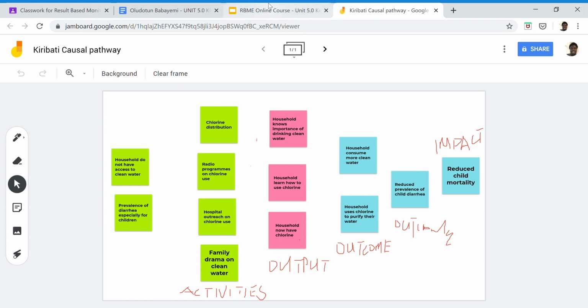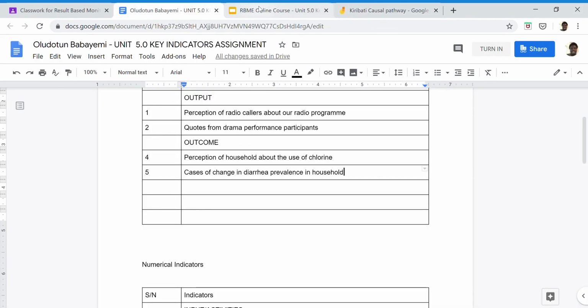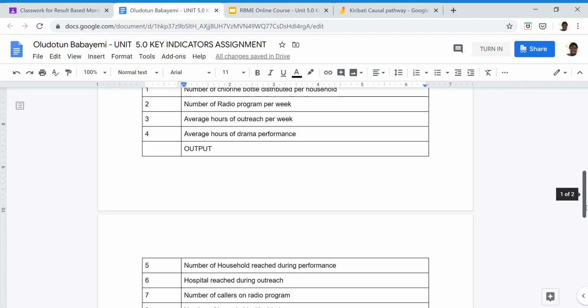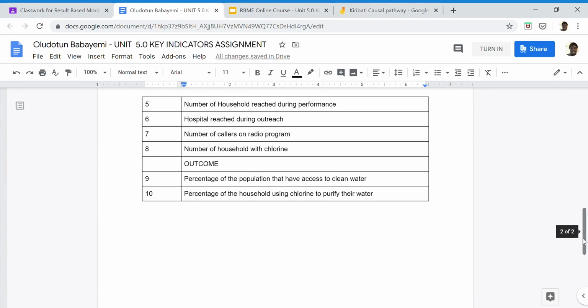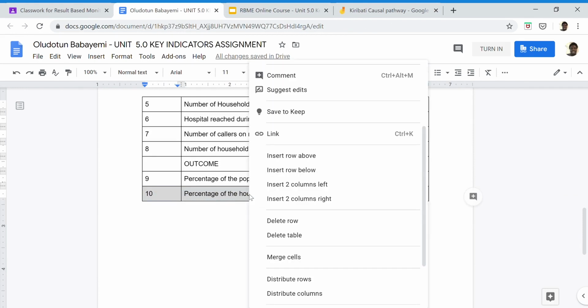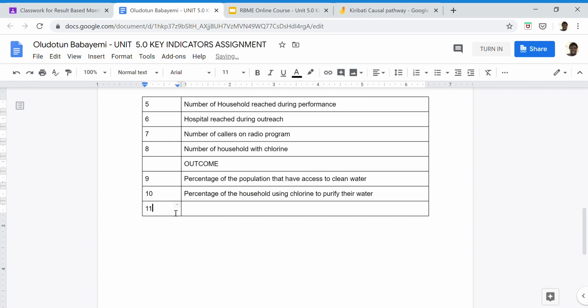Yeah, could be the rate of diarrhea infection. So rate of diarrhea infection.